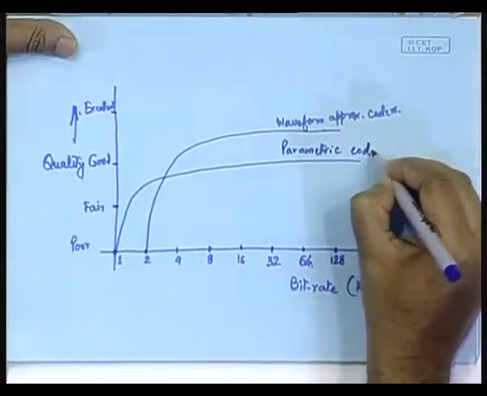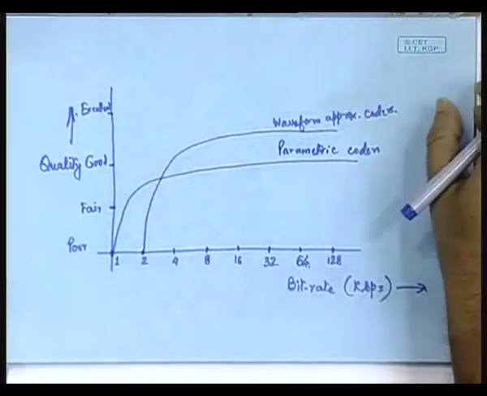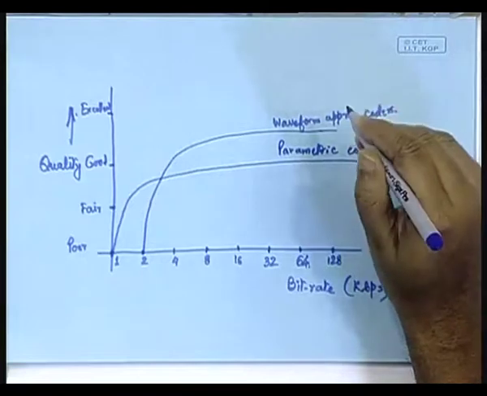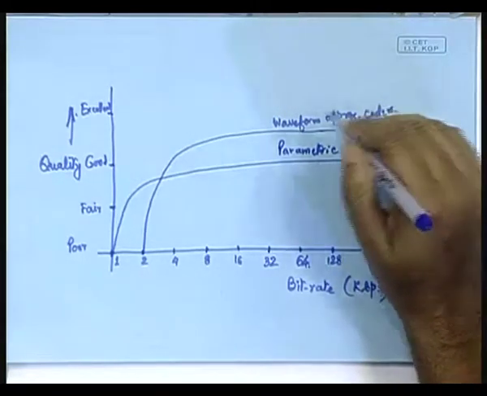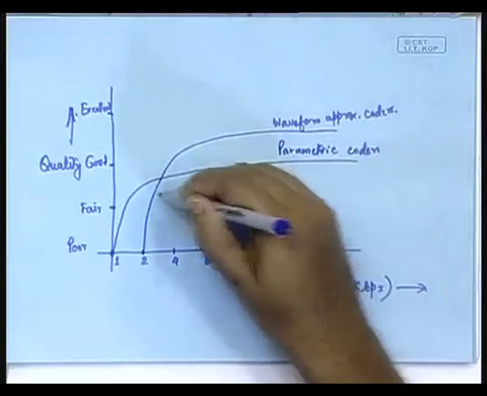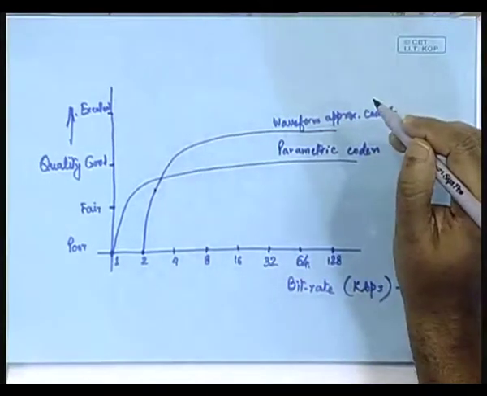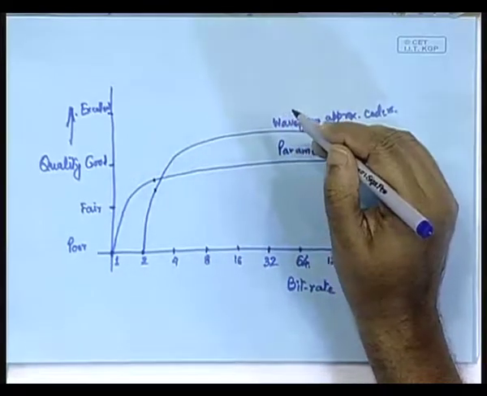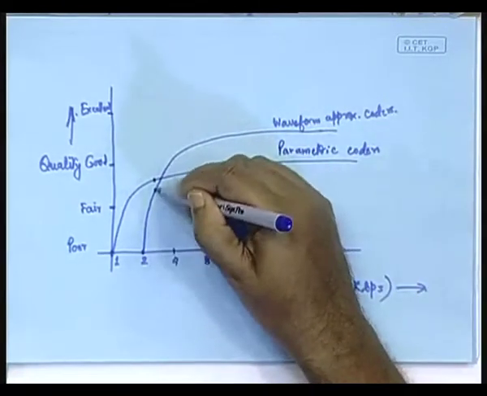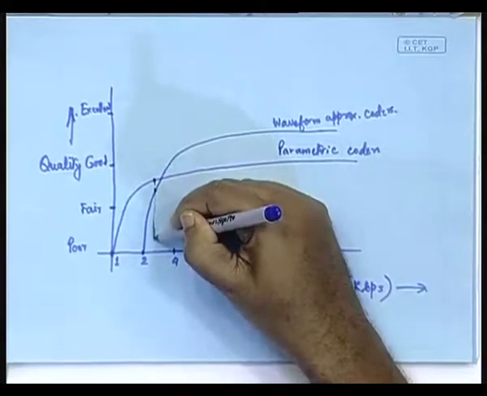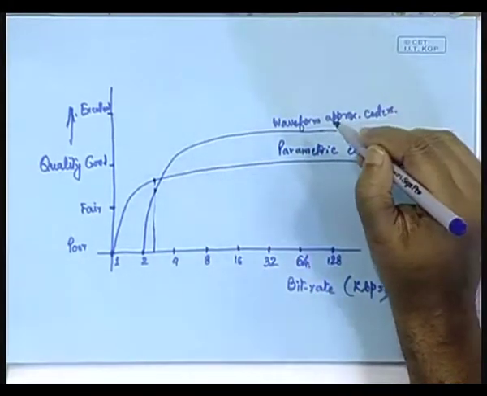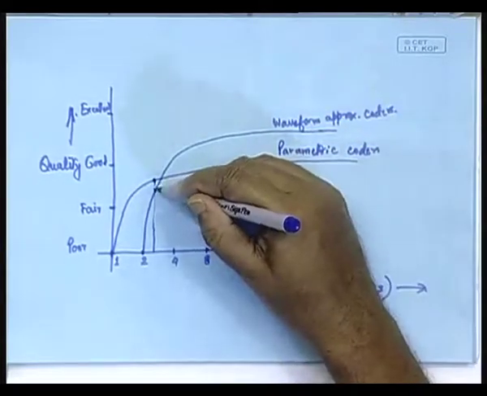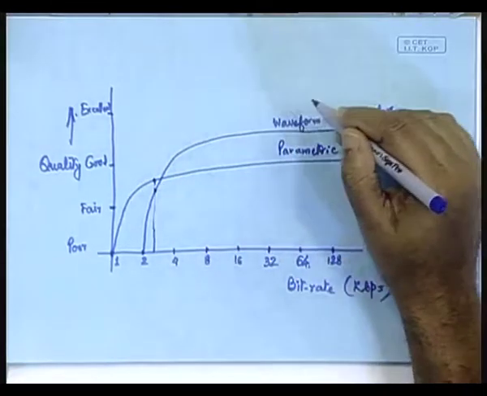But definitely by comparing these two curves, we can have a good inference. If you want a very low bit rate coder, then realizing it using waveform approximating coders will not yield a better result. For example, if you take it somewhere around 3 kilobits per second or so, you definitely find that the parametric encoders are better in performance as far as this curve is concerned.